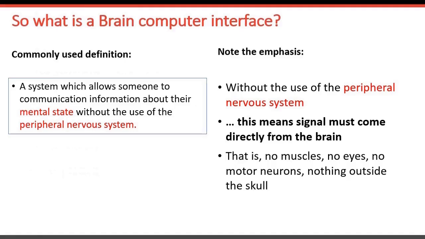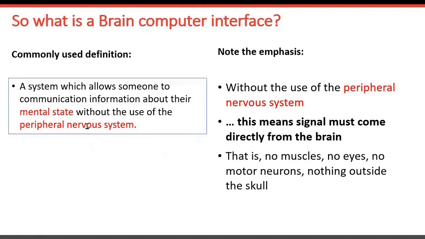So what is a BCI, or brain-computer interface, or brain-machine interface? We have some common definitions that can be used. One of them is that it's a system which allows someone to communicate information about their mental state without the use of the peripheral nervous system. So there are two components that I want to emphasize: we have mental state, someone, and then the peripheral nervous system.